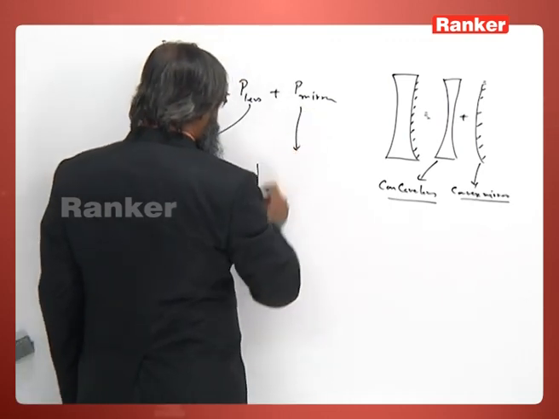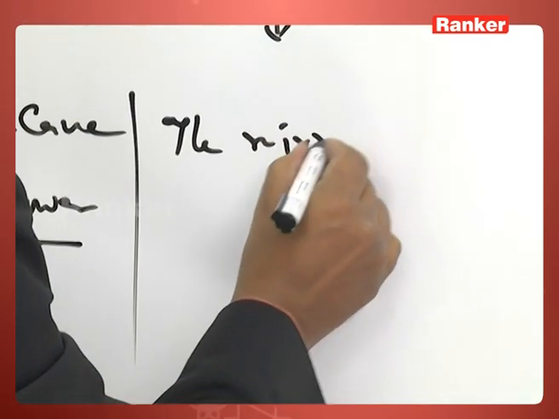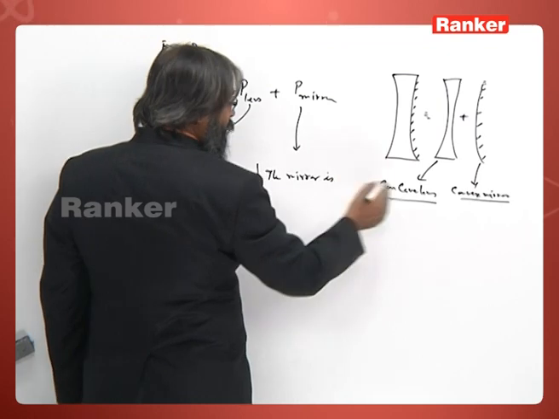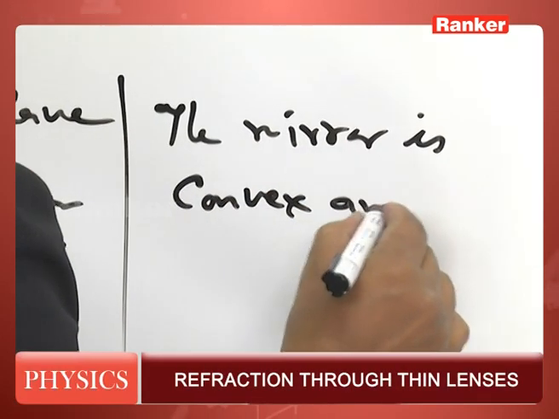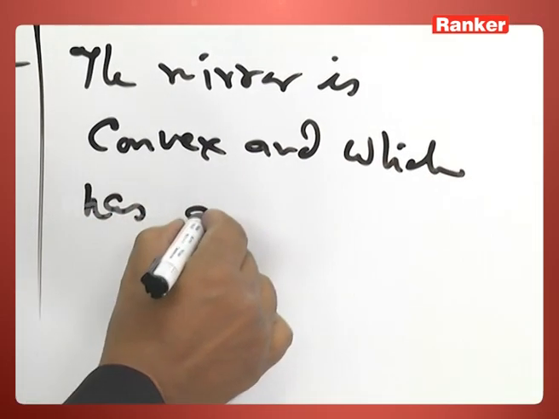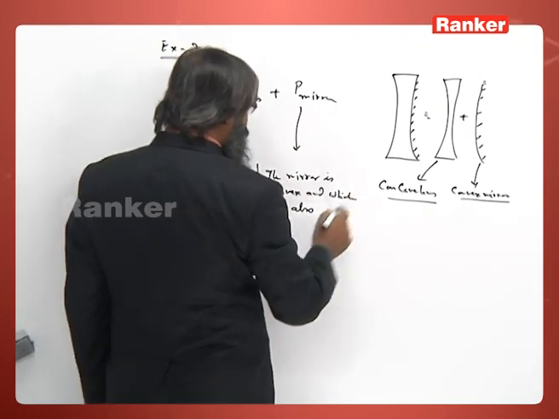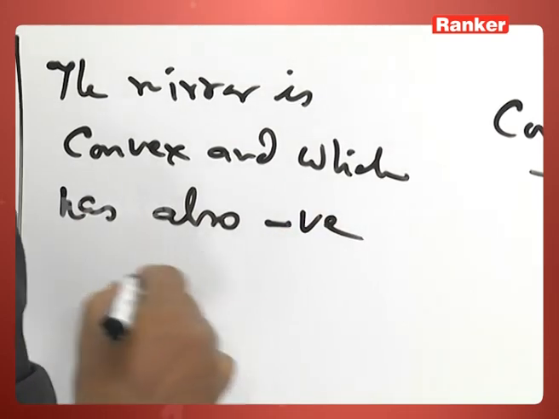What about the mirror? The mirror here is convex, and this is again a diverging mirror, so it also has negative power.